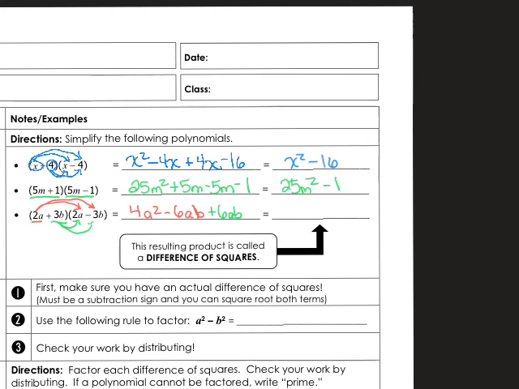And the 3b to the -3b, and we get minus 9b squared. So again, the two middle terms will zero out, and we're left with 4a squared minus 9b squared. Again, you can see that both this term and this term, not including the subtraction sign, are both perfect squares.